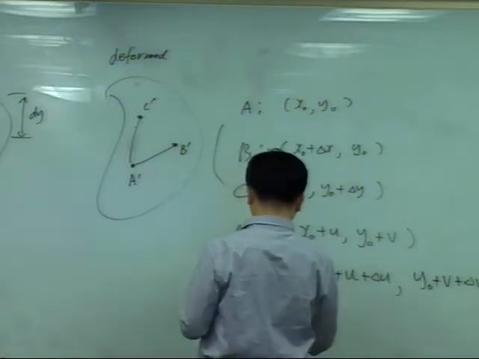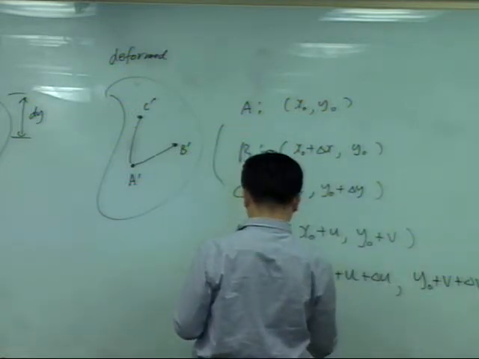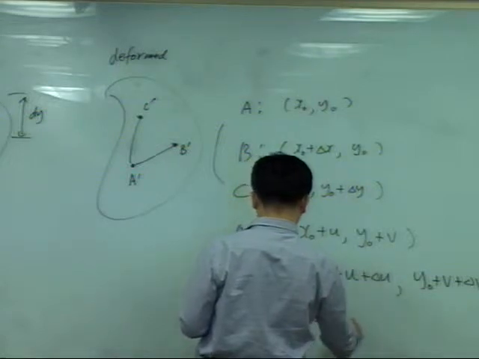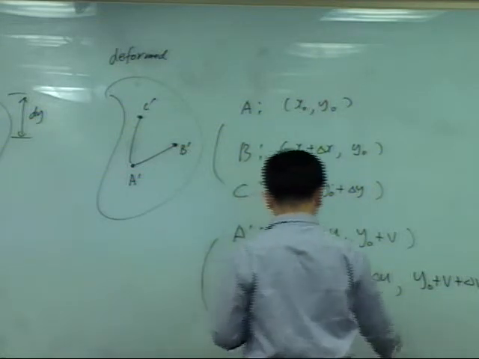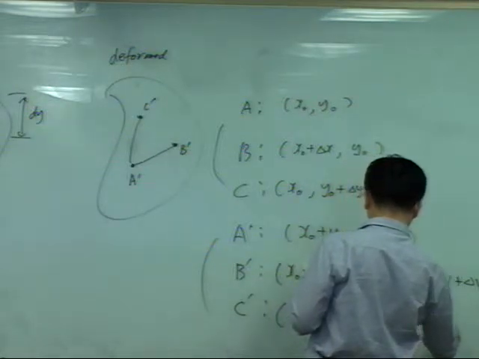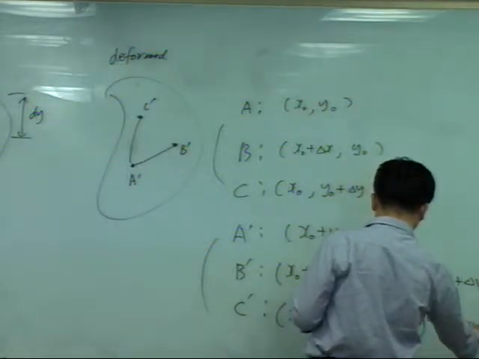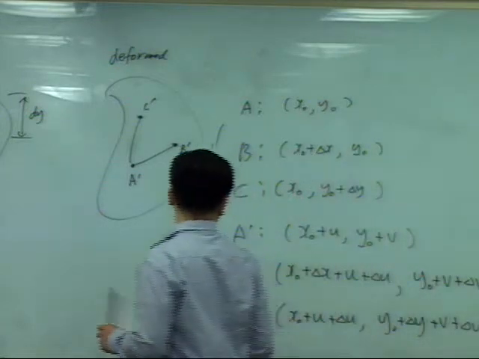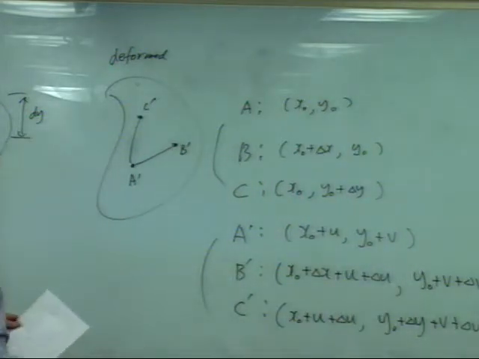And C is x0 plus u plus delta u, y0 plus delta y plus v plus delta v. Okay? So we can give the change of the position with this.